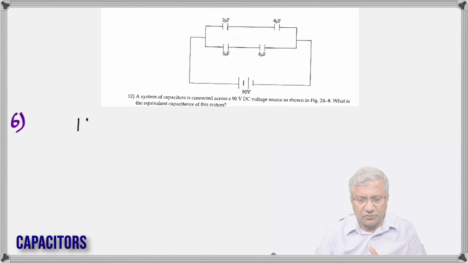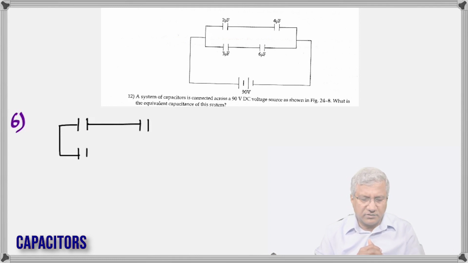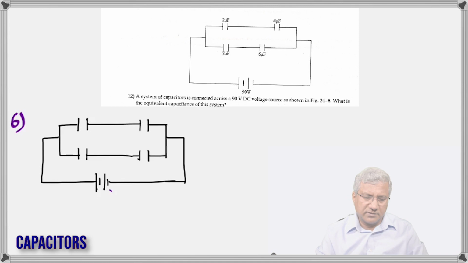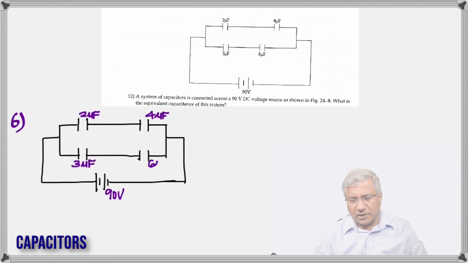Okay, so how do we calculate that? I'm drawing the diagram again just to show you the arrangement. And that is what is given. 90 volt, this is 2. You have 3 below, 4 and 6, all in microfarads. And then the 2 is in series with 4.